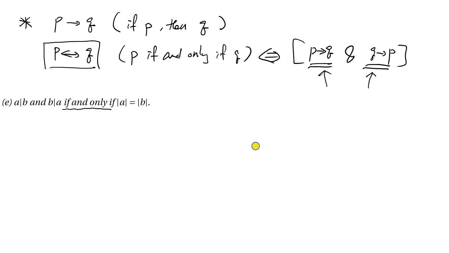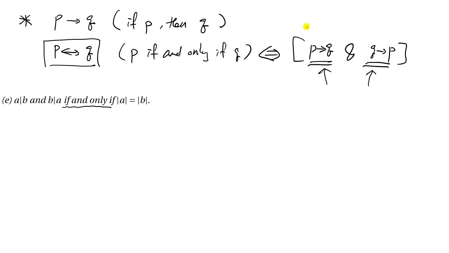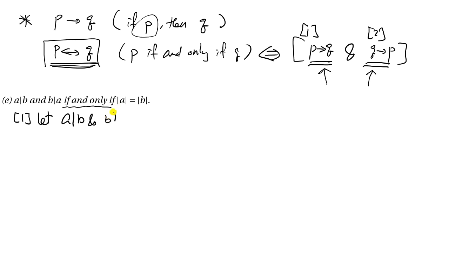So you have to separate into two parts, 1 and 2, for most of this kind of if and only if statement. So first, let the given condition be A is a divisor of B and B is a divisor of A. You just accept that condition and try to get this outcome at the end.